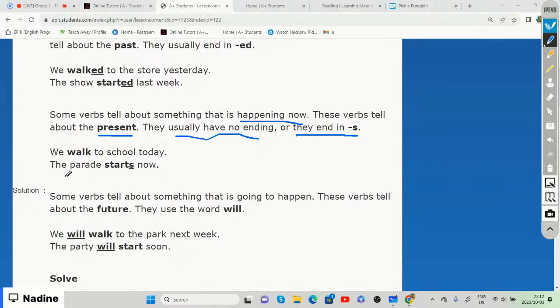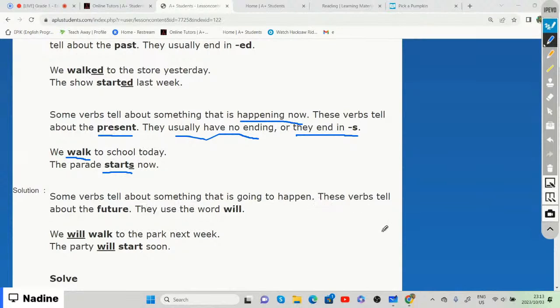And in two examples, if we look at an example of the tense within the present, you can say, we walk to school today, or the parade starts now.